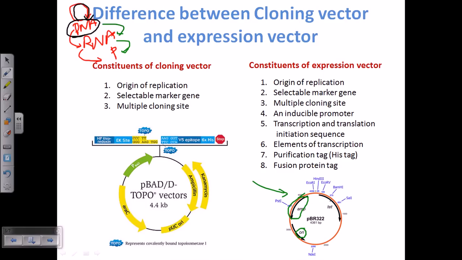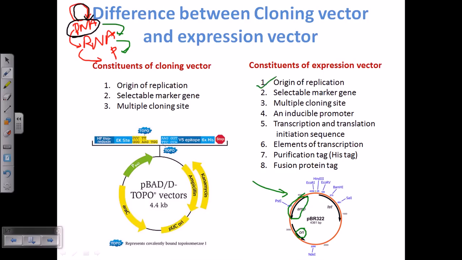We can see here it is also the multiple cloning site, where we see EcoRI, HindIII, EcoRV, BamHI, SalI. These are restriction enzymes. They can cleave different regions and segments of this MCS, so that we can enter our insert DNA in between this particular plasmid, right?